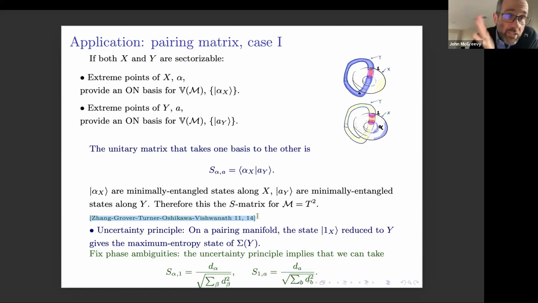I really just mean, literally, that you can choose a basis of the states which minimizes the entanglement along some cut, say along the X direction. These folks showed that if I look at the overlap between those two different bases for the ground states, it's the S matrix of the anyons.